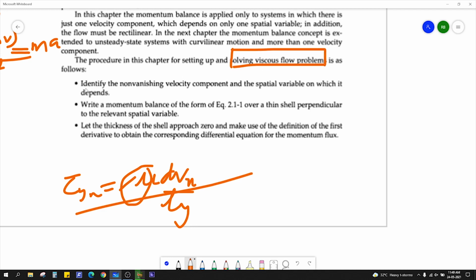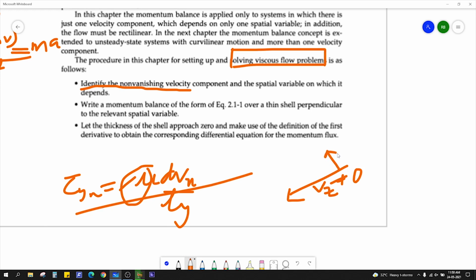Okay, so what are the steps? These are the basic steps you can follow to solve any problem. So first you have to identify the non-vanishing velocity. So if a certain flow is in this direction, let's say this is the z direction, so this fluid is flowing in the z direction, so vz is not 0, right?